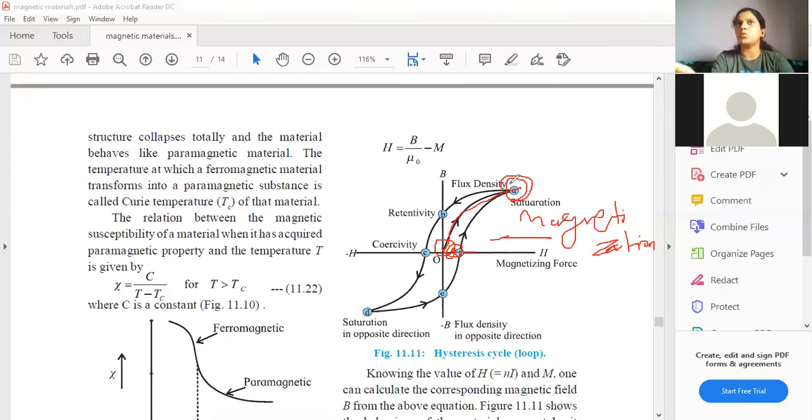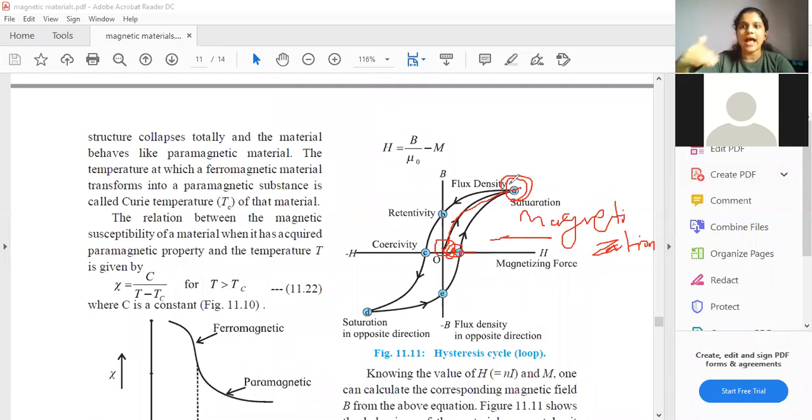Now, for example, students, inside the material, if there are 100 atoms, initially 0 atoms' dipole moment is aligned. After some time, we will see that 10 atoms are aligned. After some time, 50. And finally, all the 100 atoms' dipole moments are aligned.